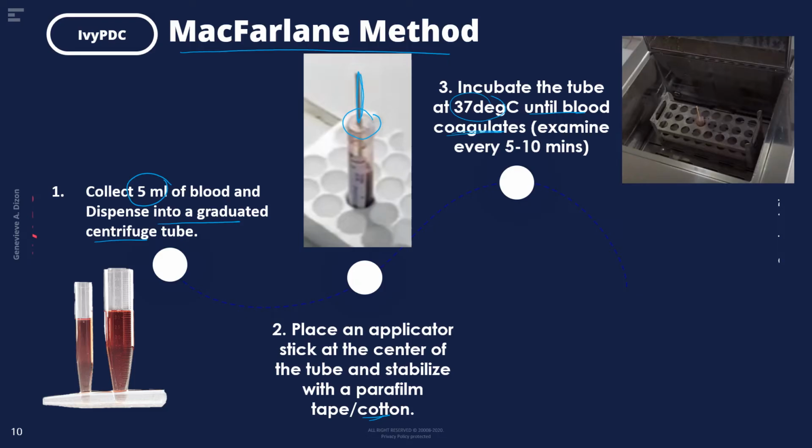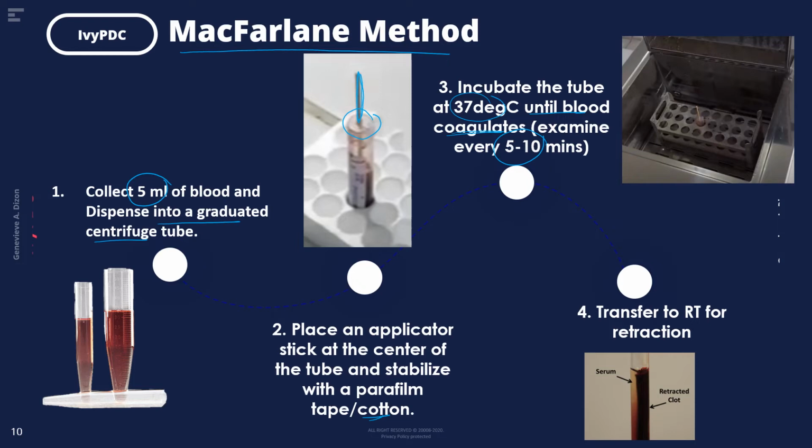And to make sure that you do not miss the coagulation of the blood, check the test tube every 5 to 10 minutes. Once coagulation is seen, transfer the test tube to room temperature and wait for retraction. Again, retraction is when the clot has retracted or has drawn itself from the edges of the test tube.